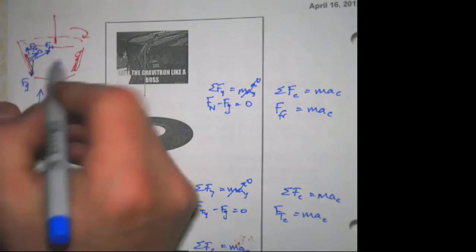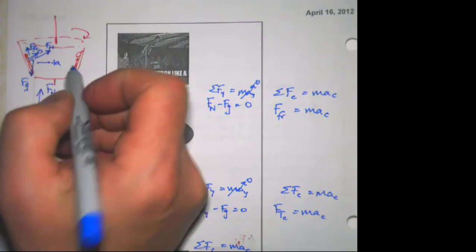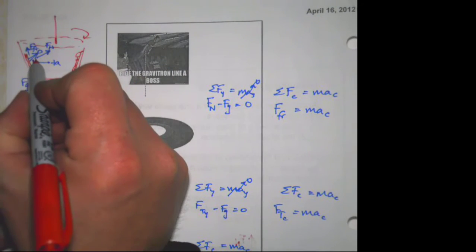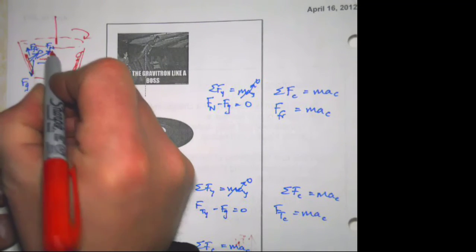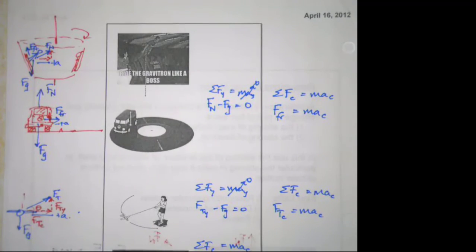Now we can see further that the direction of acceleration is towards the center like that, and any force that is on an angle other than 90 degrees to that plane of acceleration needs to be resolved. So Fn will have to be resolved. And the force of friction is on an angle. I'm going to draw a free body diagram right over here so it's a little bit easier to witness what's going on.